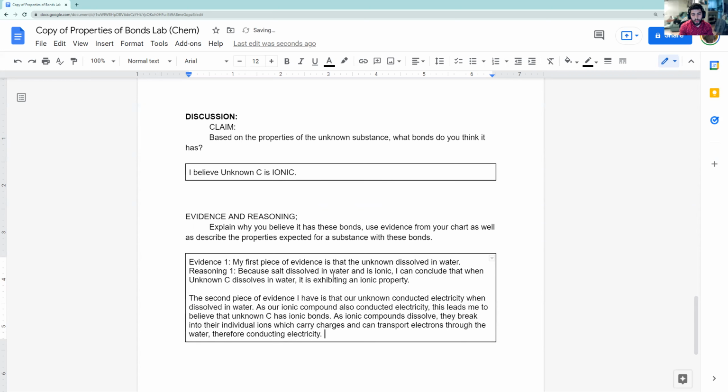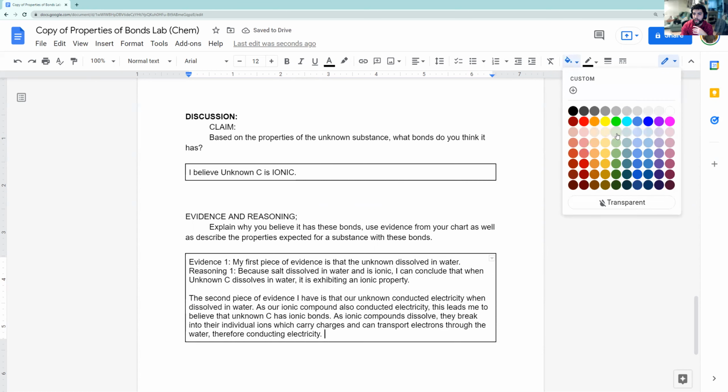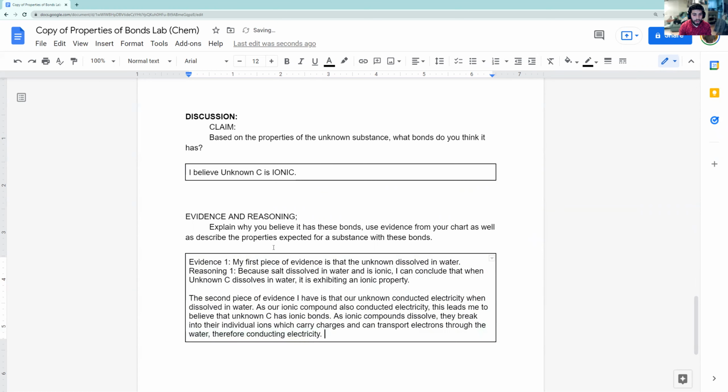So what I'm going to do really quick is color code these a little bit to break it down. I'm going to go ahead and color code evidence green. And I'll color code my reasoning.